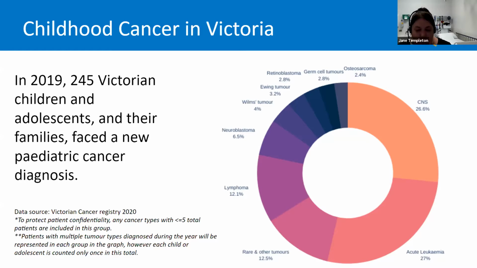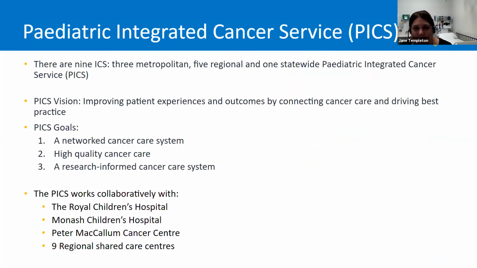Both Monash Children's Hospital and Royal Children's Hospital have a children's cancer centre where the paediatric oncology patients are treated. Both of these units have nurses and doctors and some allied health staff members that work across both sites or work at individual sites. Chris will later on talk about the different types of childhood cancer that are listed there, and he'll explore that further.